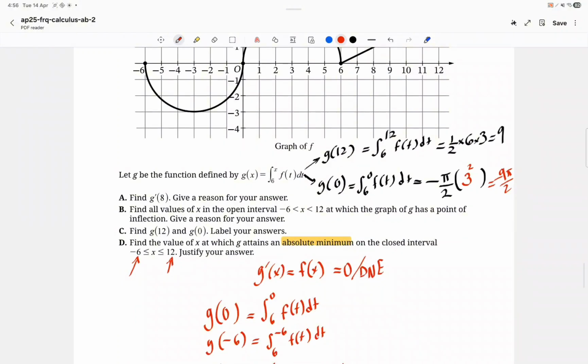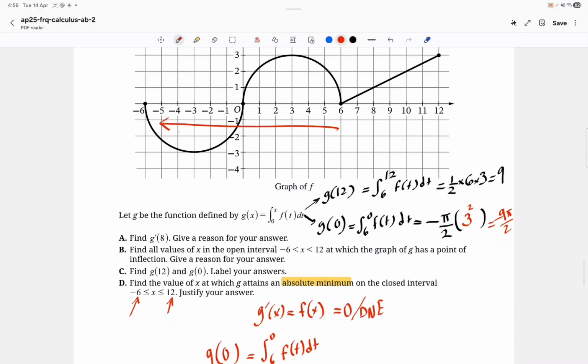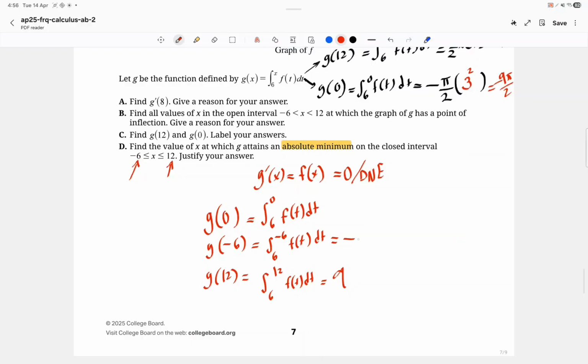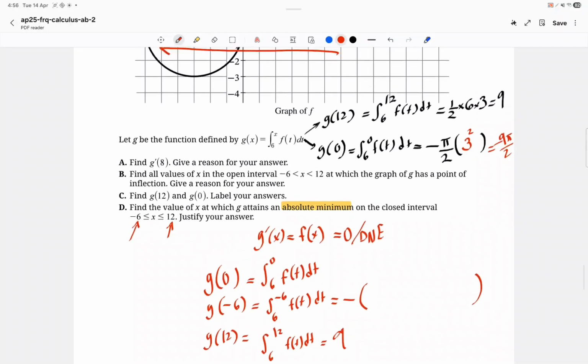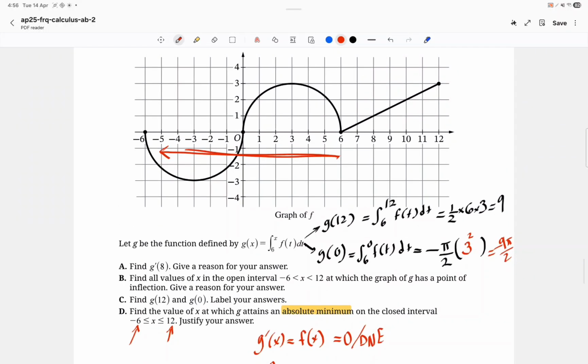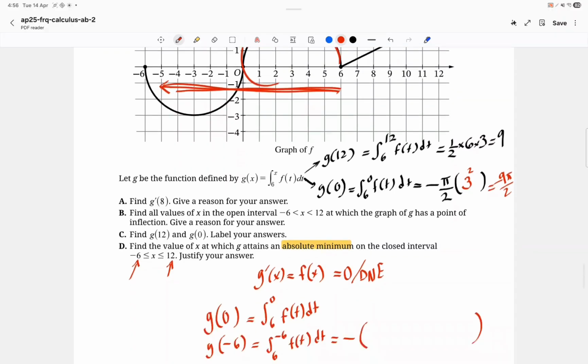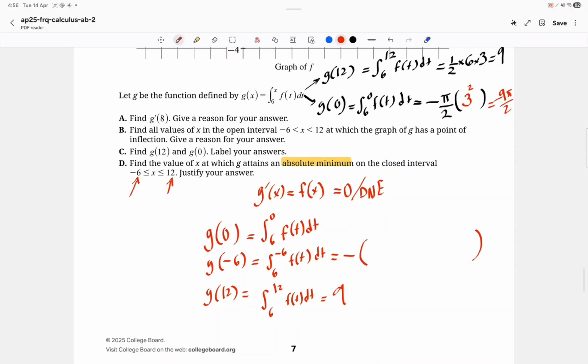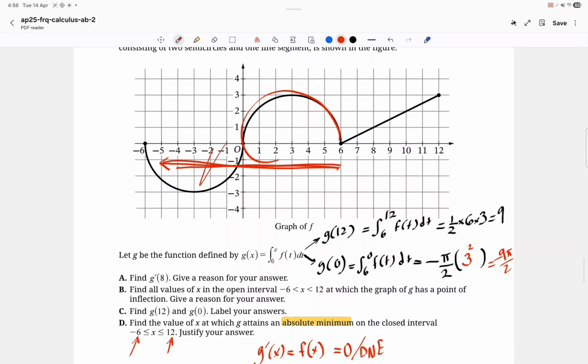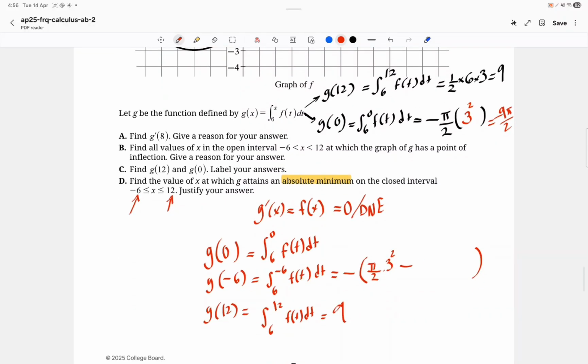As you go from 6 to negative 6, you're going left, so you must put a negative sign. Now this is going to be pi over 2, r squared, so 3 squared. But now this one is going to be under the x-axis, so minus pi over 2, again 3 squared. You get 0.